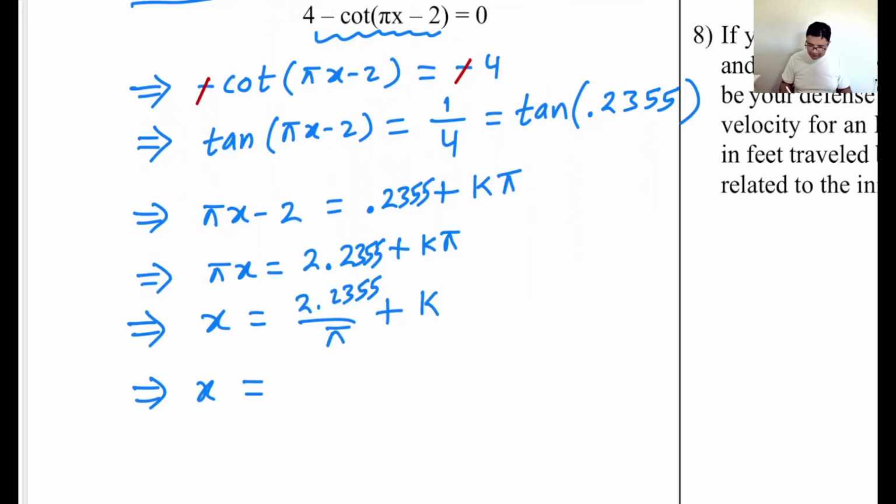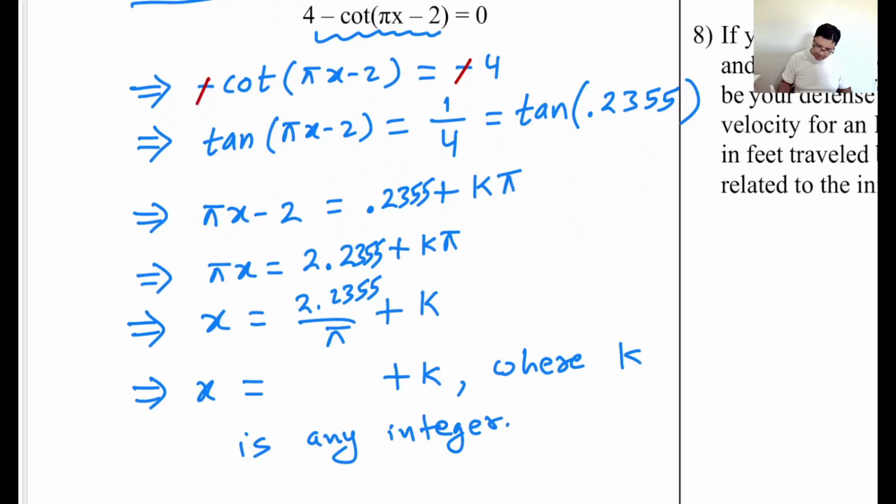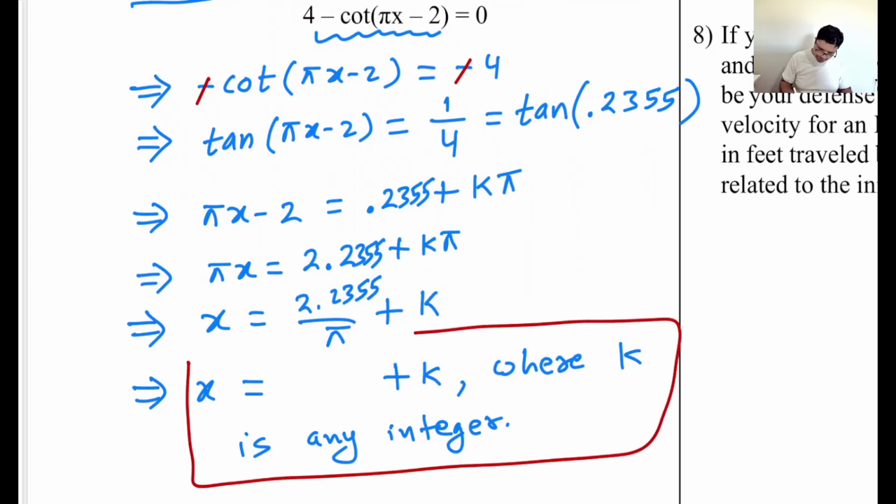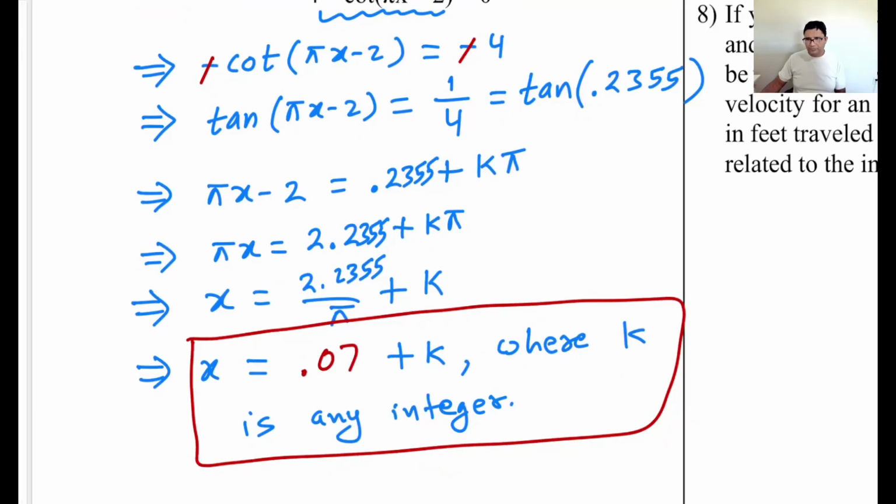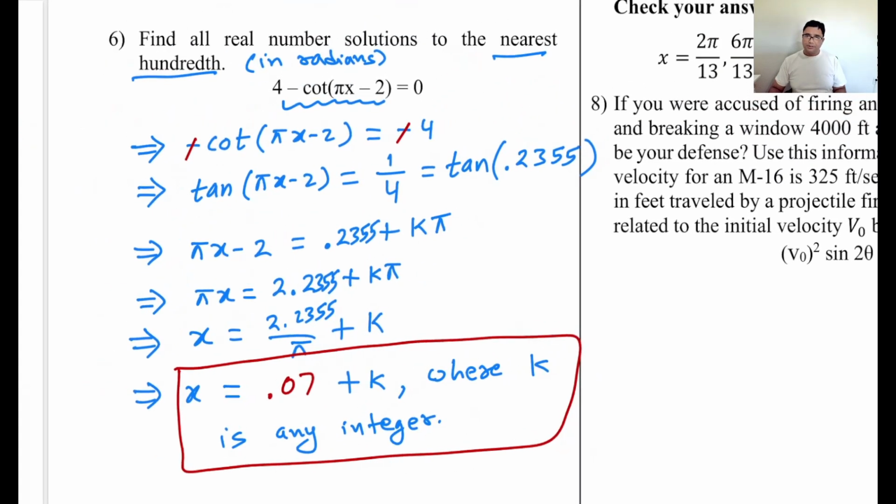X equals whatever I get there plus k, where k is any integer. Those will be my solutions. And now I'm going to use a calculator and plug in that value. 0.07. Okay, 0.07 plus k. All right.